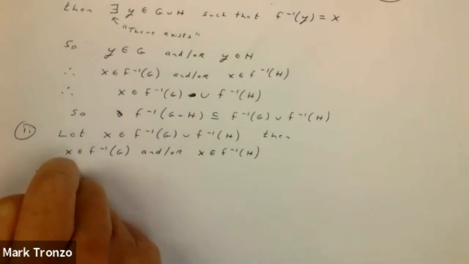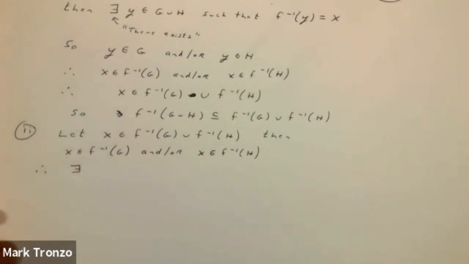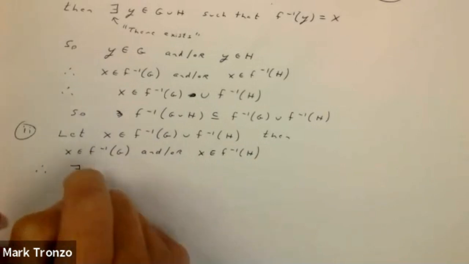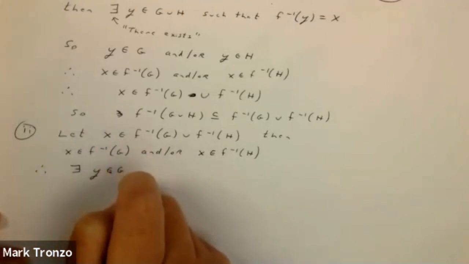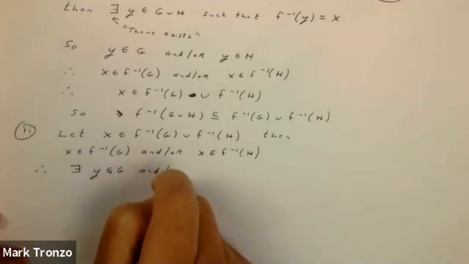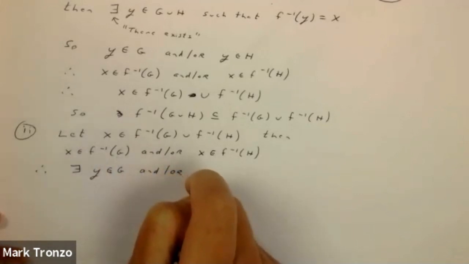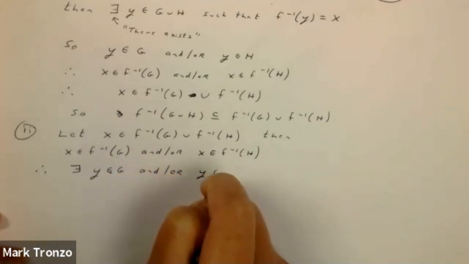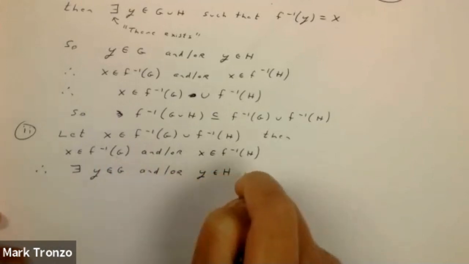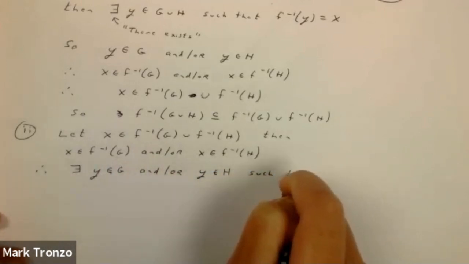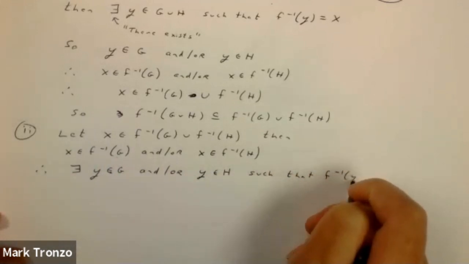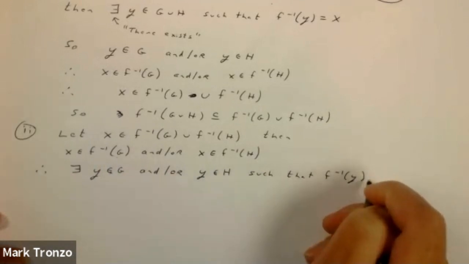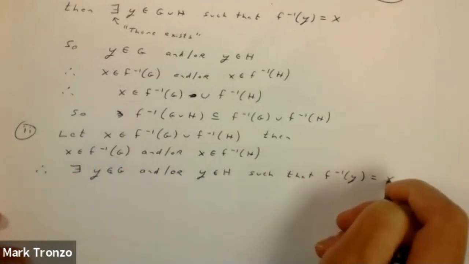Therefore, there exists, and that backward capital E means there exists, a Y in G and/or a Y in H such that F inverse Y is equal to X.